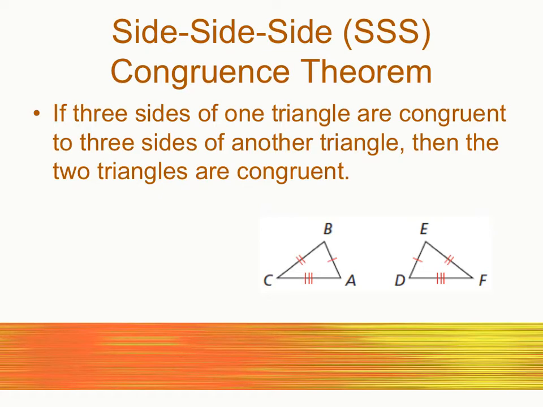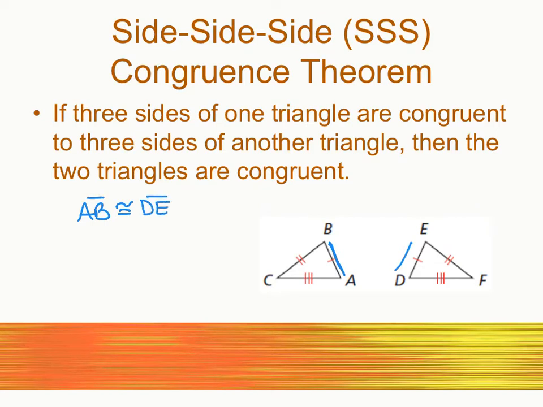Go through and we're going to match. So if they ask you to show all of the congruent corresponding parts, this is what you would have to state. First I'm going to go through here and show that AB, the one with the single tick mark, is congruent to DE. So I can say that AB is congruent to DE.